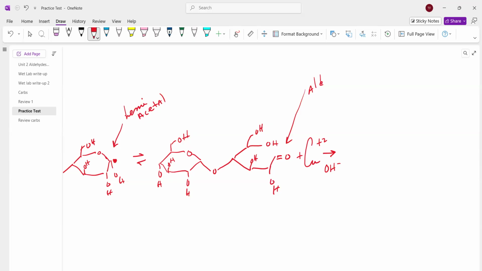Okay, so the aldehyde is going to be oxidized to the acid. So we're going to redraw this being oxidized.